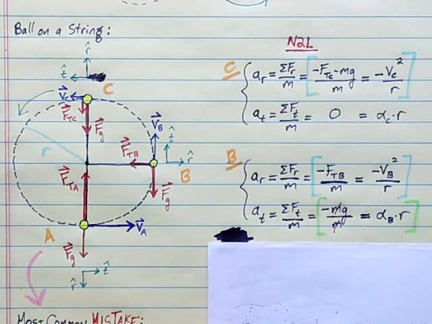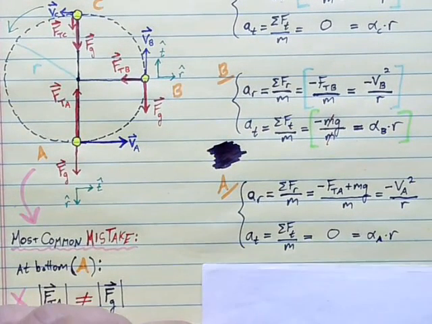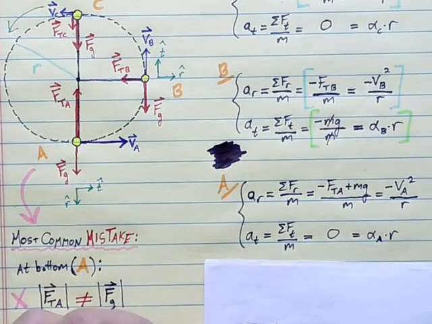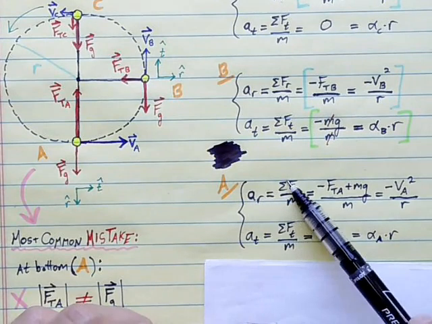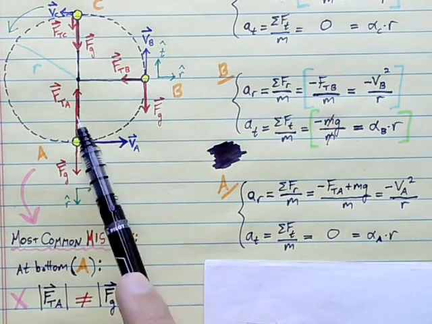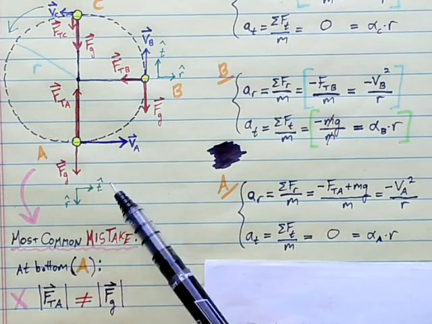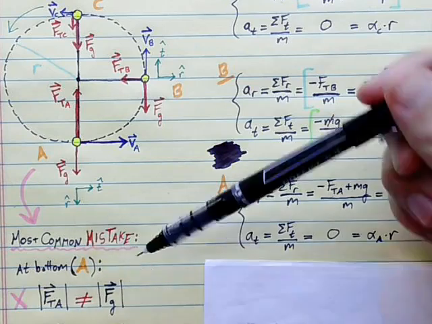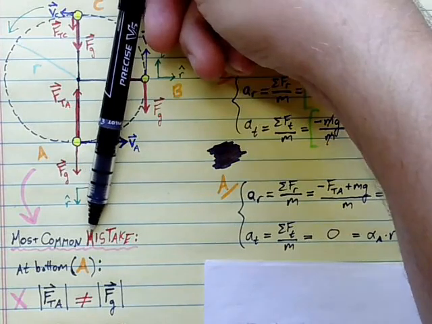Okay, and lastly, point A here at the bottom. One more time, set up our radial acceleration. This is our centripetal acceleration equals net force in the radial direction over the mass. And here's our sum. Looking here, we have tension upwards, but upwards is toward the center, and our r hat vector points straight down because radially outwards is down at this point.